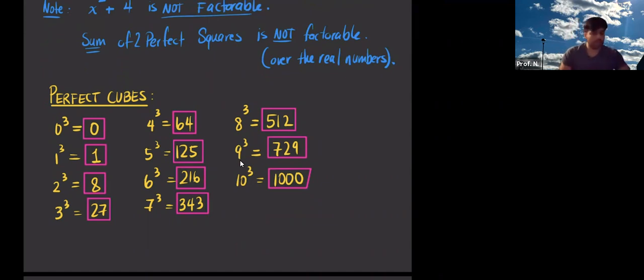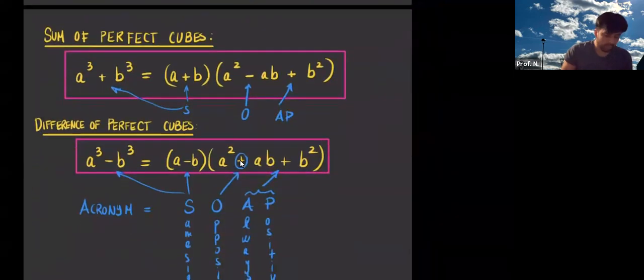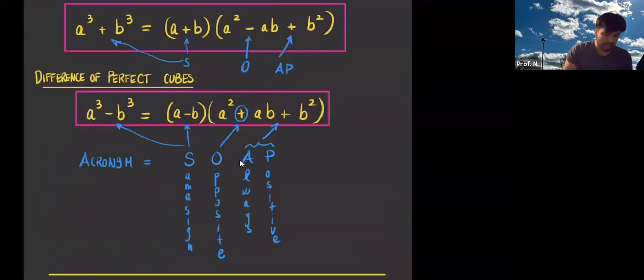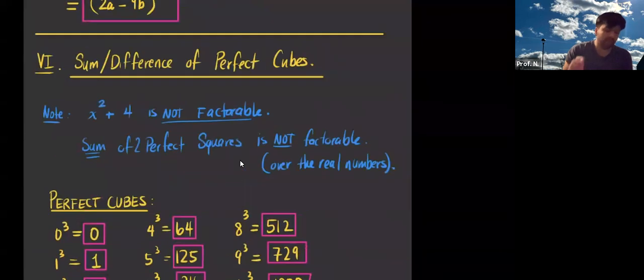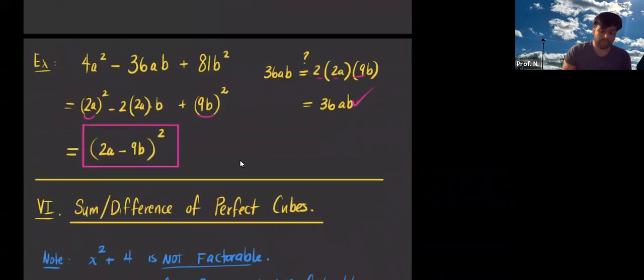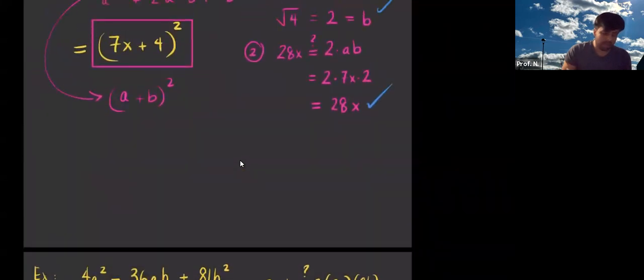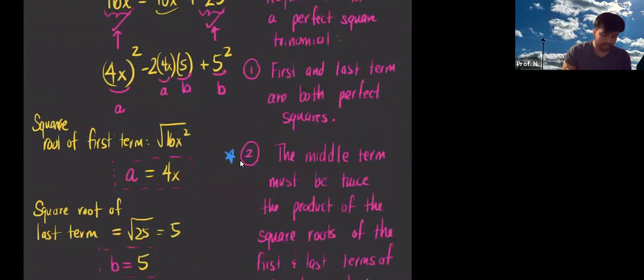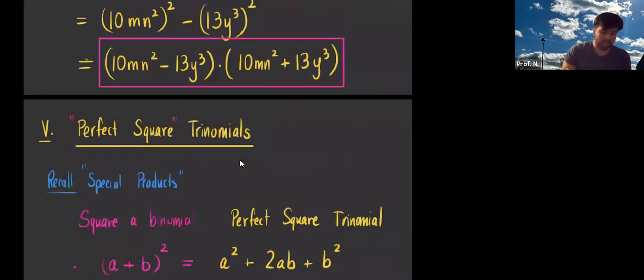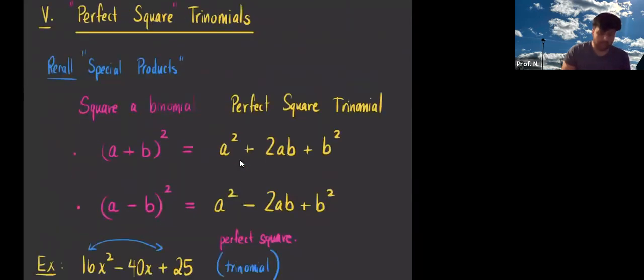Okay, and in the time remaining, I will look at the last special factorization. These are more of the special ones: the sum or difference of perfect cubes, the difference of perfect squares, and the perfect square trinomials.